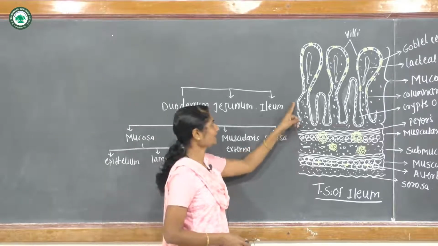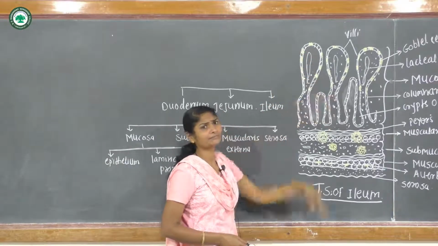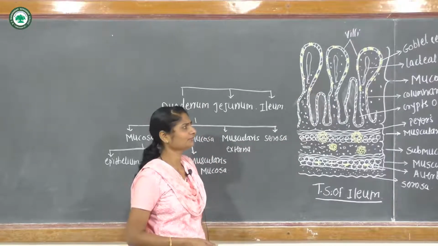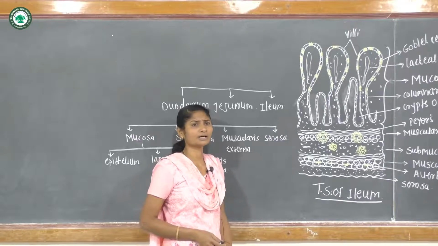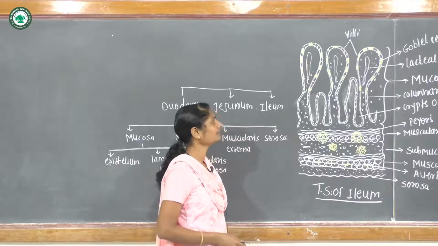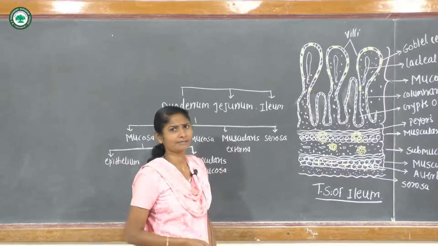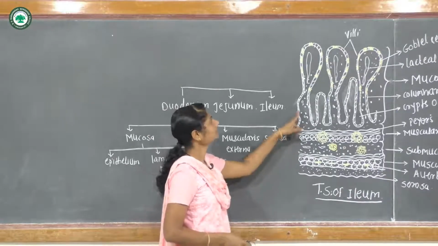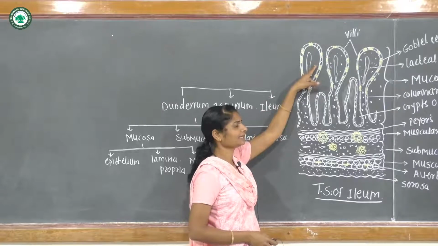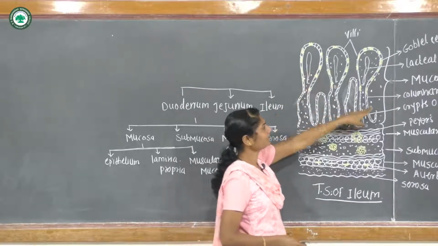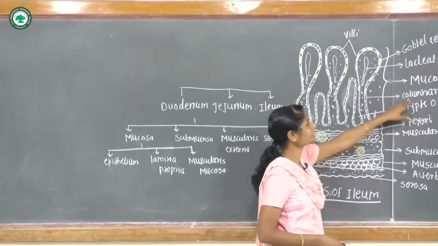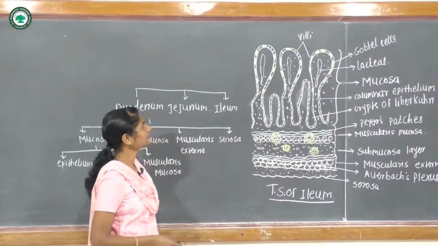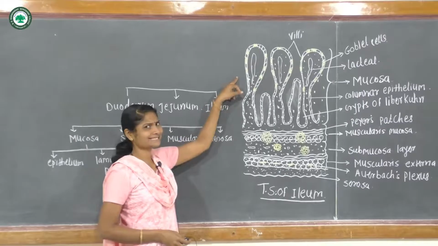This mucosa layer again shows finger-like foldings. These foldings are club-shaped structures and less in number than in duodenum. These villi epithelium shows columnar epithelial cells. These columnar epithelial cells are absorptive cells.